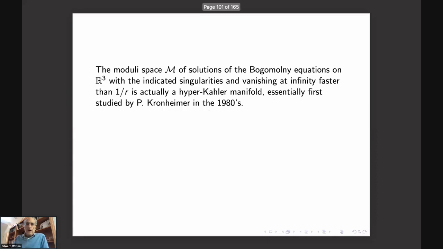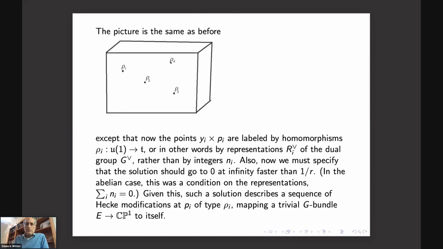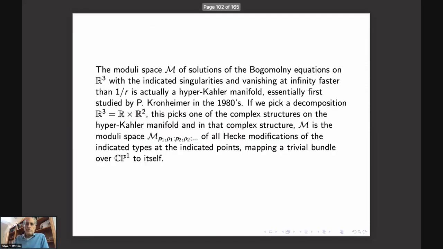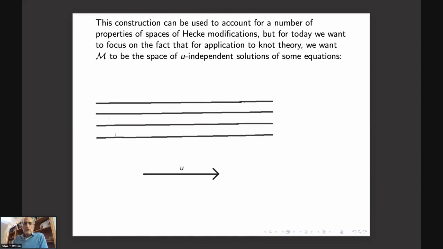So M I defined as a space of solutions of some PDEs, but they were PDEs in 3 dimensions. And they weren't independent of any of the 3 coordinates in that picture. They depended on the choice of a finite set of points. That's not translation invariance in any direction. But we want to have a picture like this, where we have some PDEs, and the U-independent solutions are supposed to correspond to M.